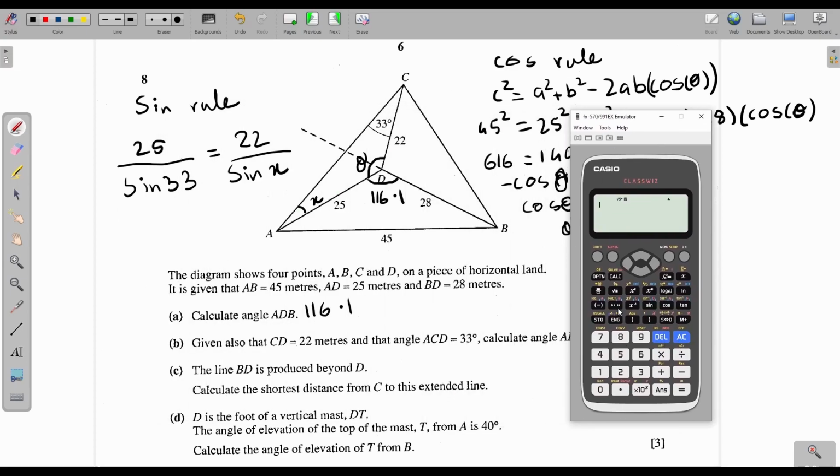So what we do here is 25 over the sine of 33. All right. And then we want to do 22 divided by the answer. So we get that, and then we can simply do the sine inverse of that answer to get 28.6.